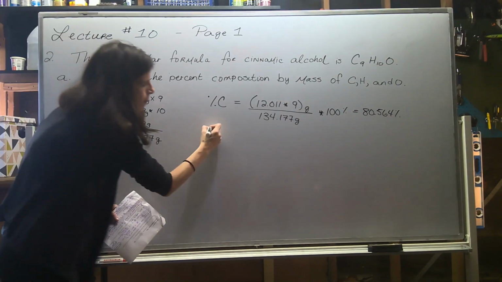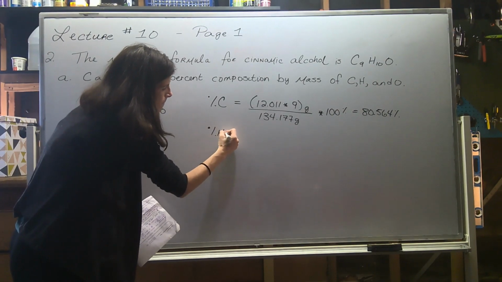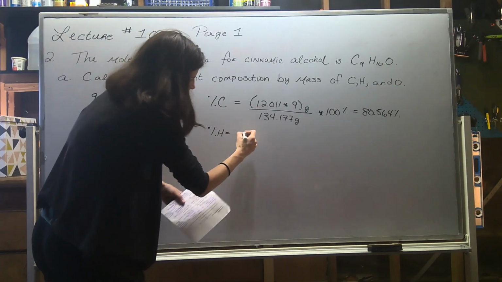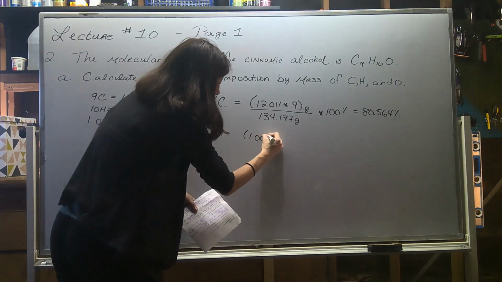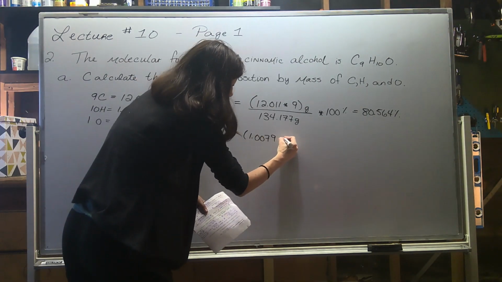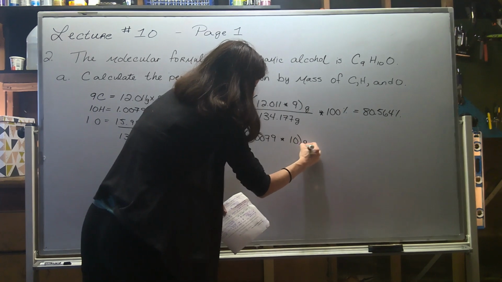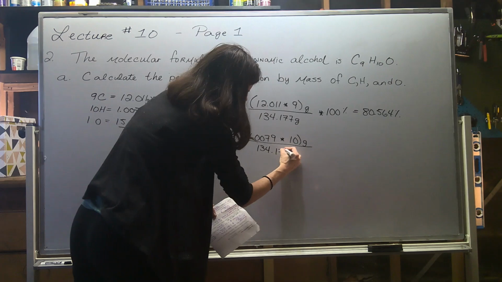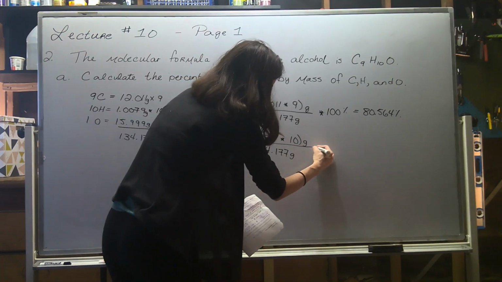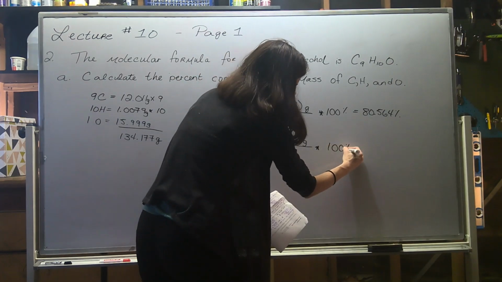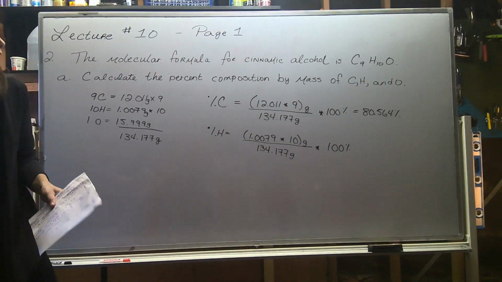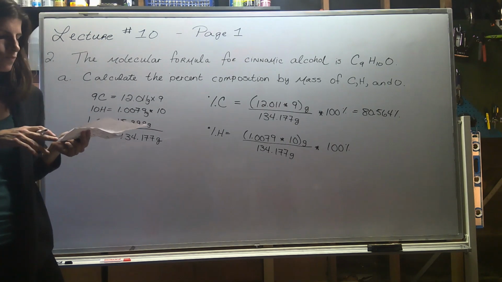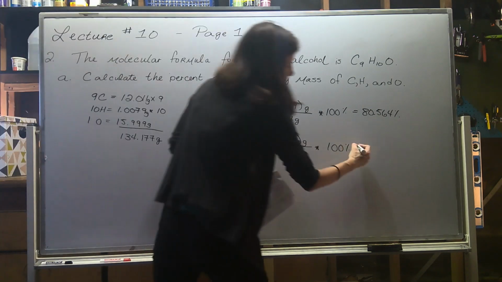Next one, hydrogen. Same deal, there's 10 hydrogen, so I need to do the mass times 10. And I'll multiply that by 100%. Sorry, I'm probably blocking your view. Make sure you're using the parentheses again in your calculator. 7.5117%.